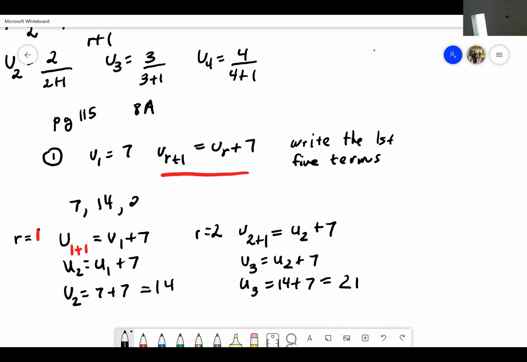So now you know that you're going to add 7 to 14. And that means the next one, if we were to continue, is just going to be 7 more, and the next one will be 7 more. And that completes the sequence.